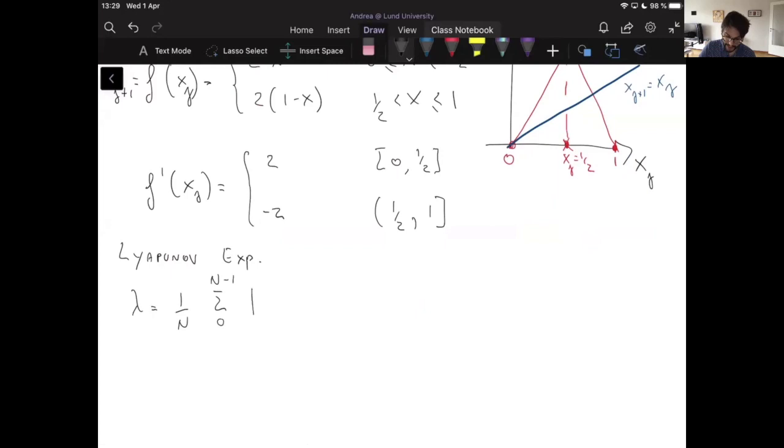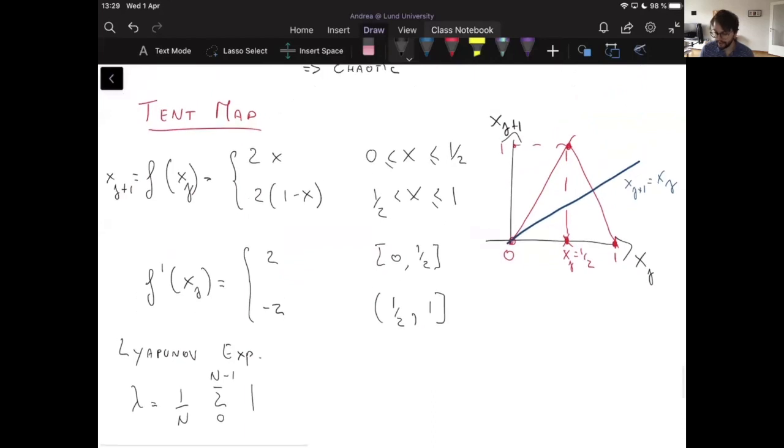So if I take n points, so I iterate, as usual, what happens is that you start from a given point, and then you will go around, going up and down like this, and you will have different solutions.